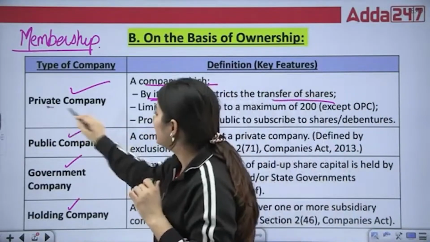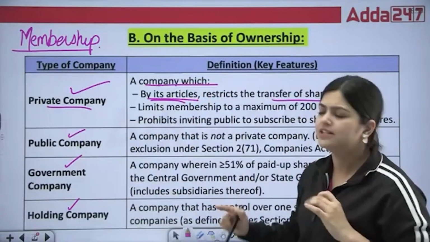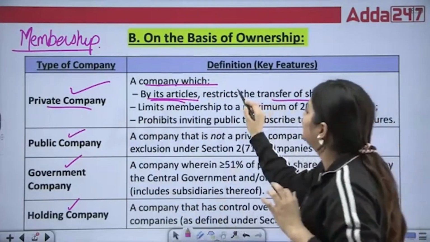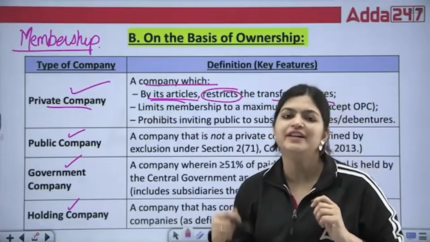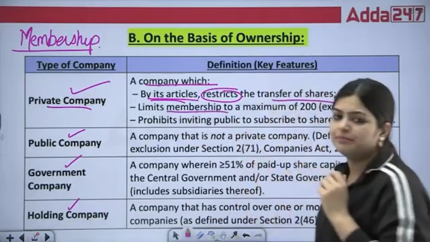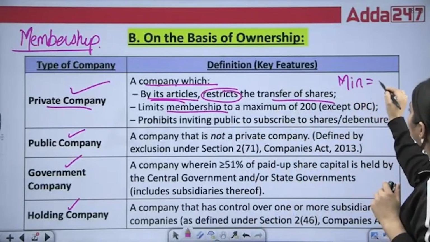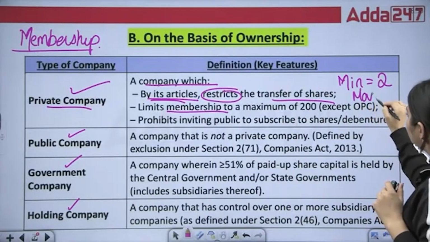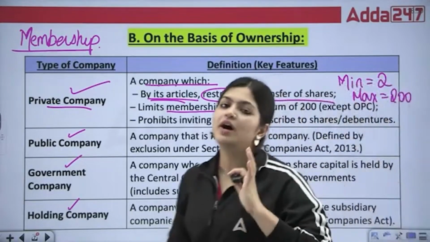What is that? A private company is getting registration by its articles, where you are not getting any free transferability of shares. You cannot freely transfer your shares. And there is a limit of membership. Now membership, minimum you require 2 and maximum you can have 200 members.